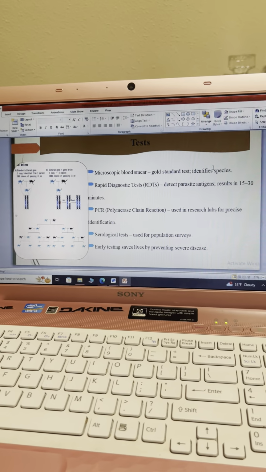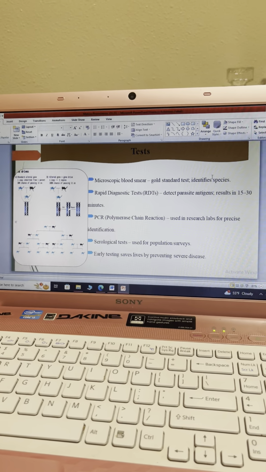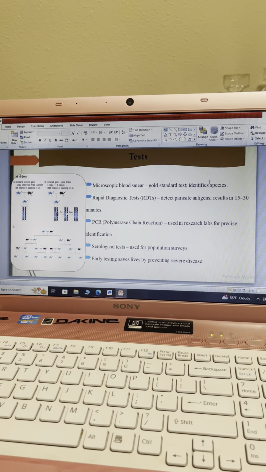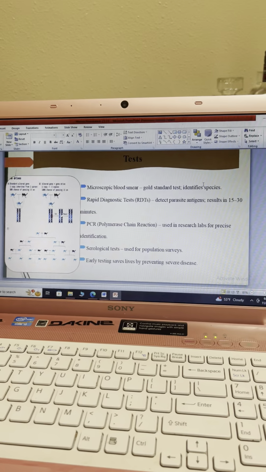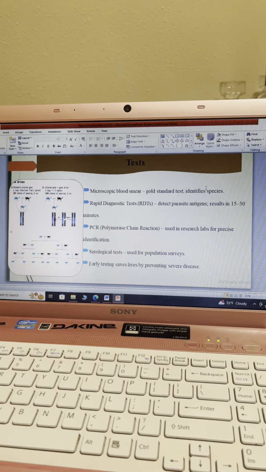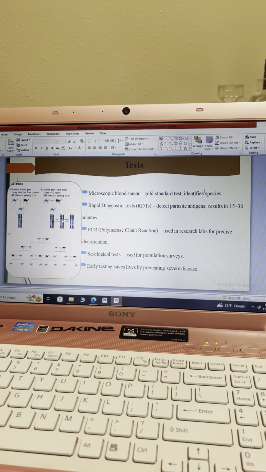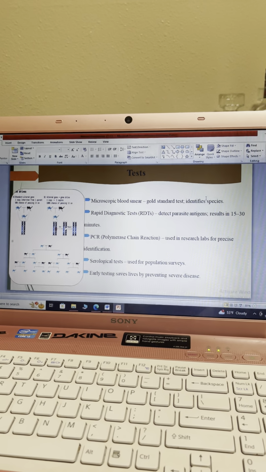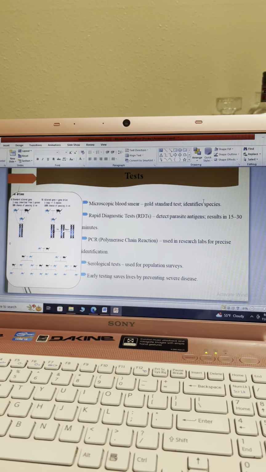Tests. They include the microscopic blood smear, which is the gold standard test that identifies the species. Rapid diagnostic tests, RDTs, detect parasite antigens, and the results are obtained in 15 to 30 minutes.